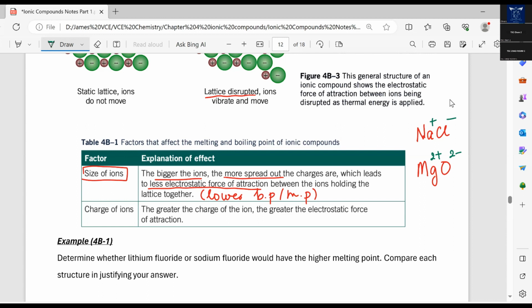Yeah, magnesium oxide will have a higher melting point, obviously. Okay, because first of all, oxygen has a smaller atomic size, so they have smaller ions. And they also have a greater charge, because it's between 2+ and 2-, whereas here it's only plus and minus. So you must take note of this. The greater the charge of the ion, the greater the electrostatic force of attraction, and this will mean a higher boiling point and melting point.